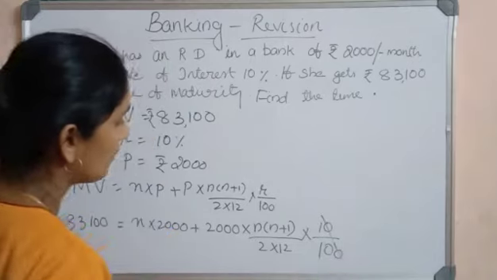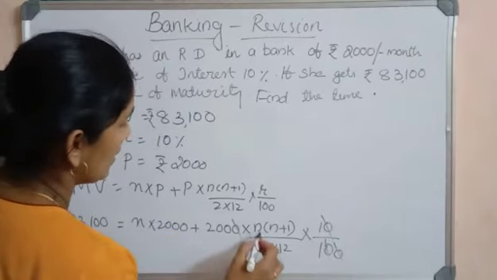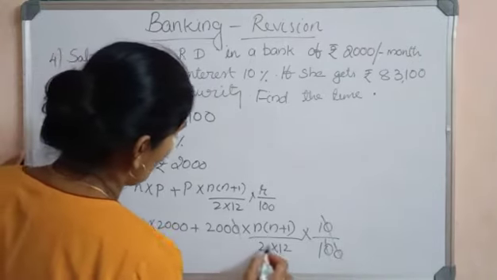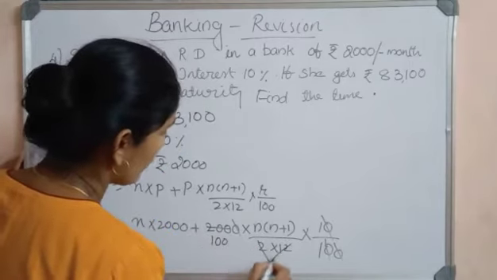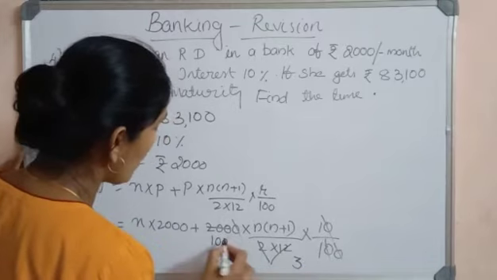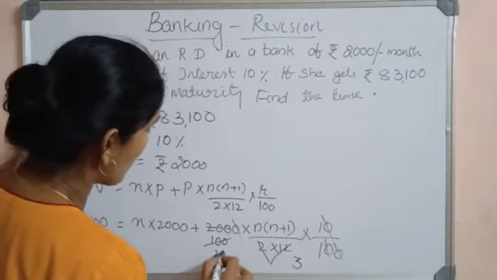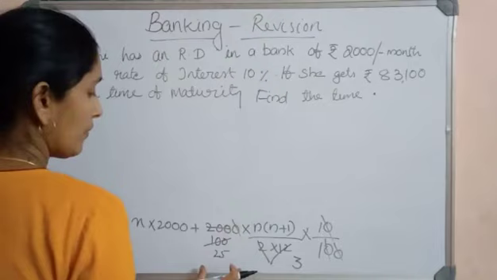Cancel 0 here and 1 here, and with 2 if we cancel this will be 100. Again with 4 if we cancel, 4 3s are 12 and 4 into 25 is 100.